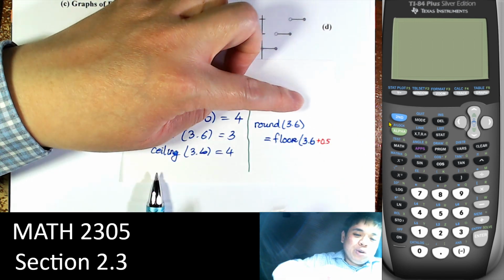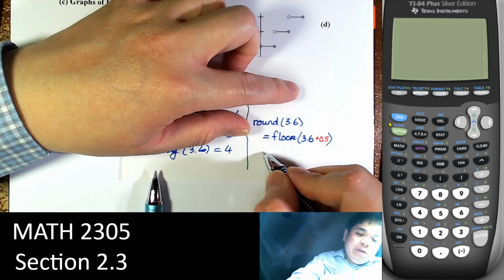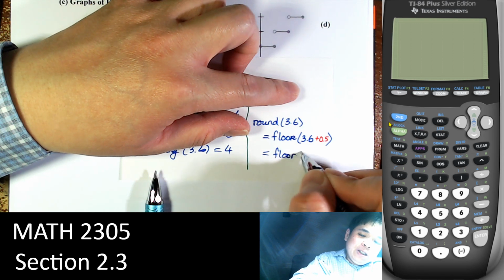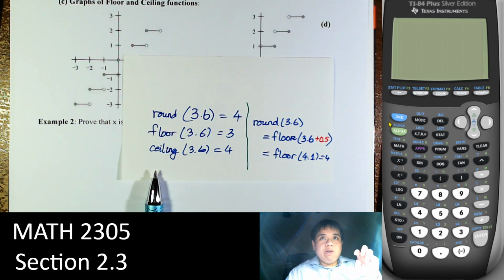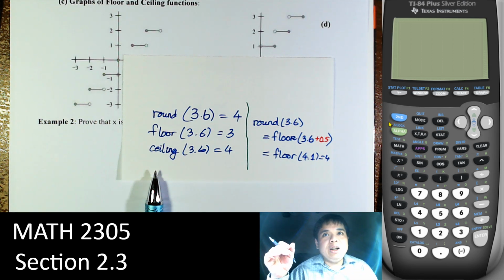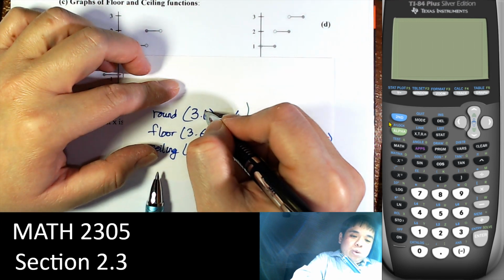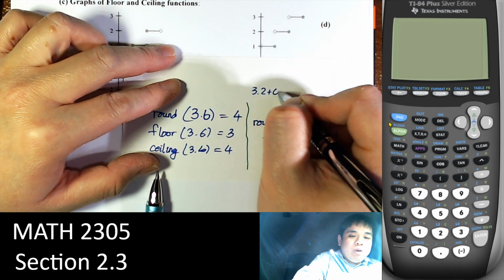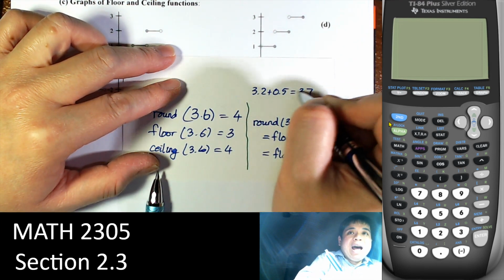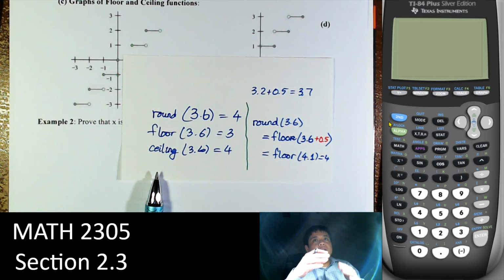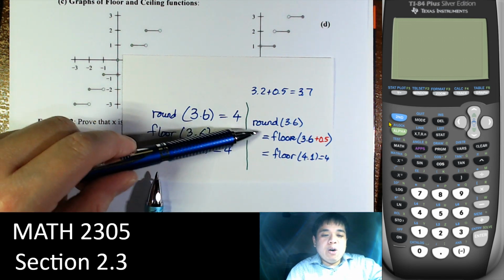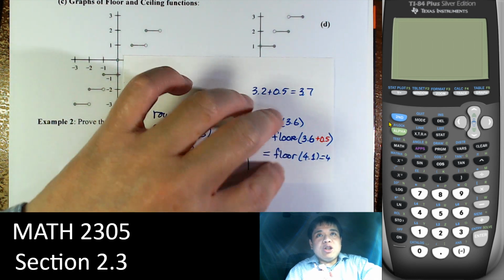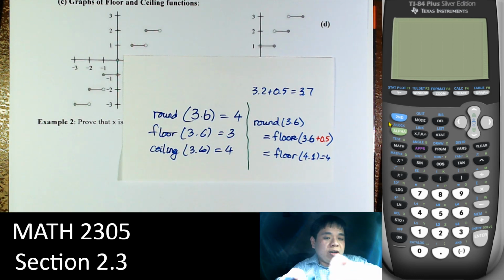If you add a half to it, it would be the floor of 4.1, which gives us 4. Right? So round is the floor function when you add 0.5 to it. So if it is 3.2, add 0.5 to it, it is 3.7. Round down is still 3. But when we add 0.5, if it's 3.5 or more, it will go to the next one. So round is a special case of the floor of x plus 0.5.